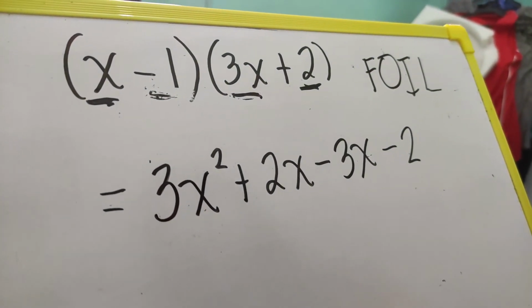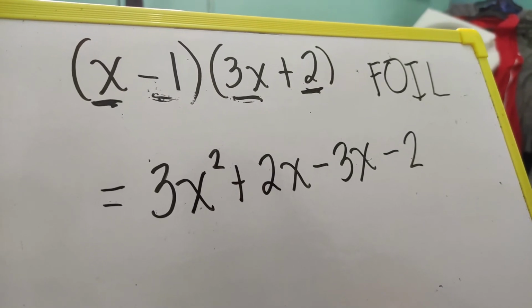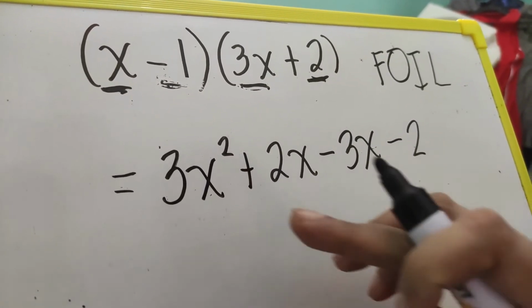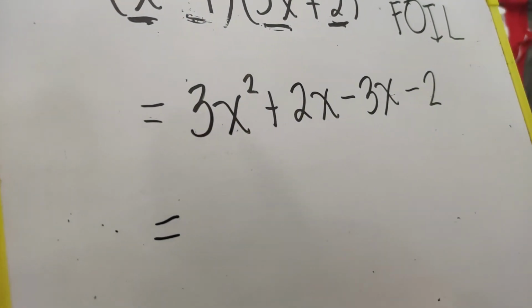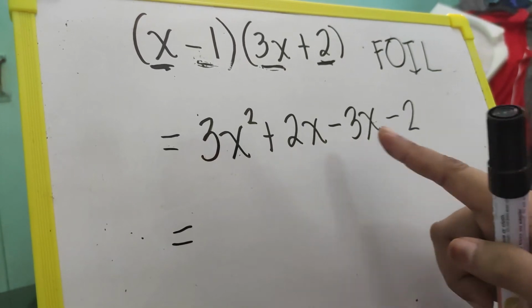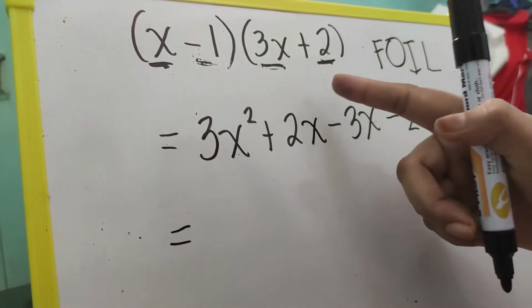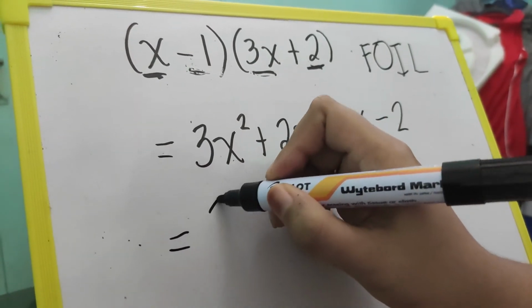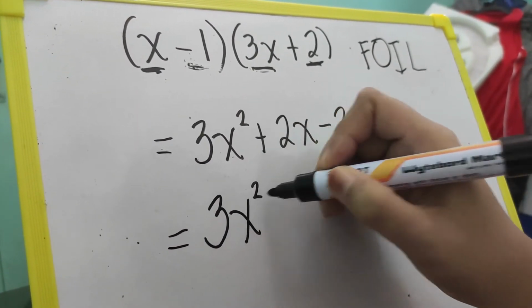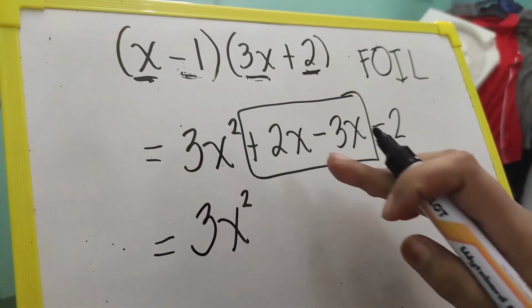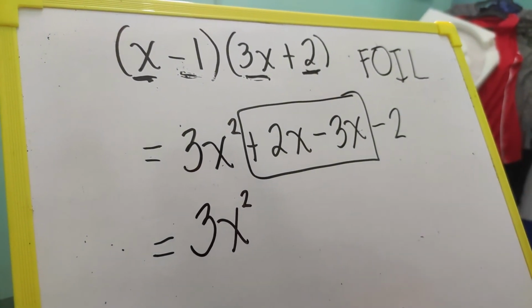So now, let us simplify it. How to simplify? We just need to combine the terms that are the same. How can we say that the terms are the same? If they have the same variable and, of course, the same exponents. So here, 3x squared, we just copy, and then these terms are the same, so we will combine them. What is positive 2x minus 3x?